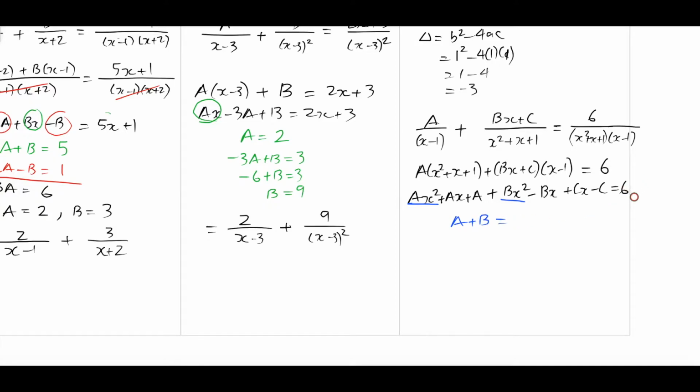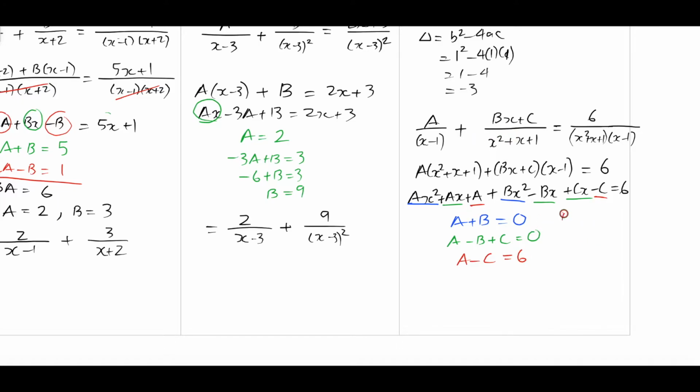Do we have any x squared over here? No, there's none, so it's just 0. Now let's look at the other one, ax minus bx plus cx. Any x on the right hand side? Nope, there's none, so a minus b plus c is also equal to 0. And then on to the last one, a minus c is now equal to 6. So there is a number, a minus c equals 6.